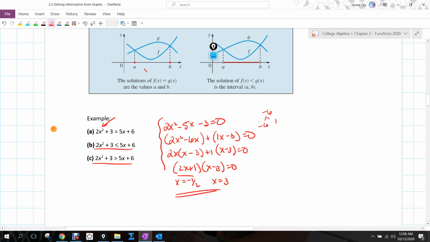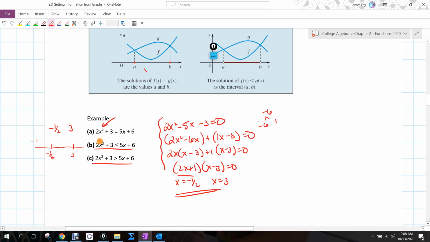If I know they're equal at x equals -1/2 and x equals 3, I put -1/2 and 3 on here. Let's come over to a value to the left of -1/2. Let's try -1. If I plug -1 in here, do I get a true statement?